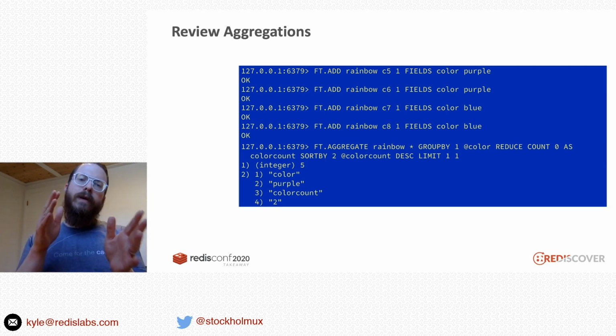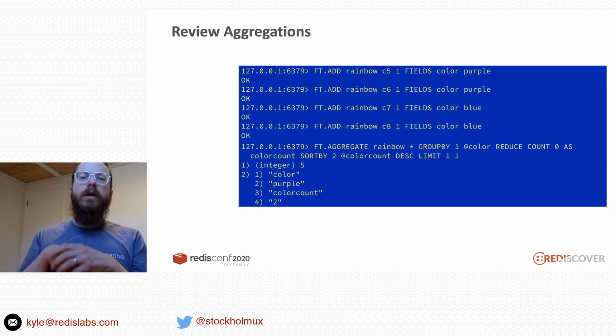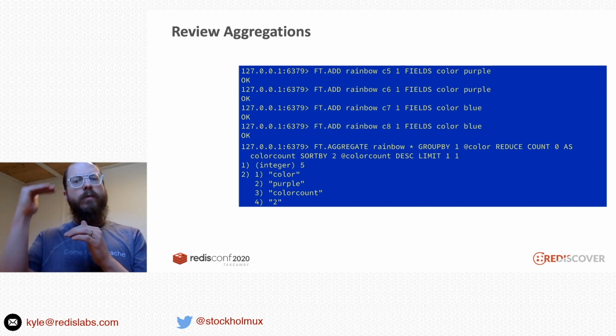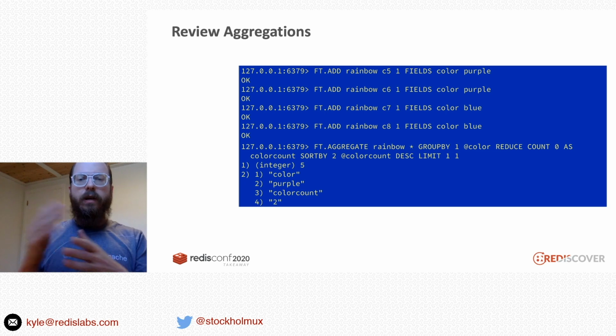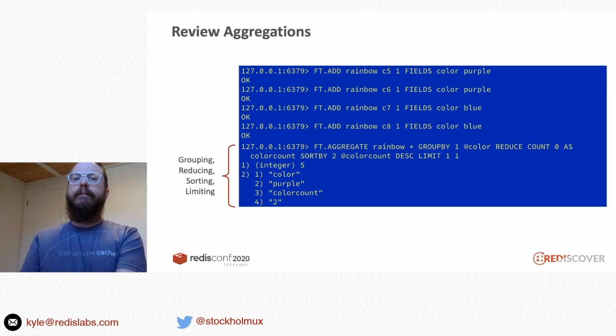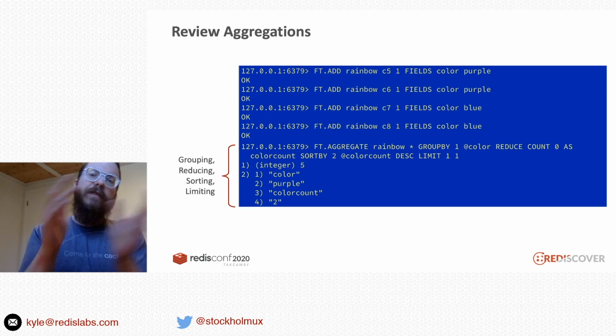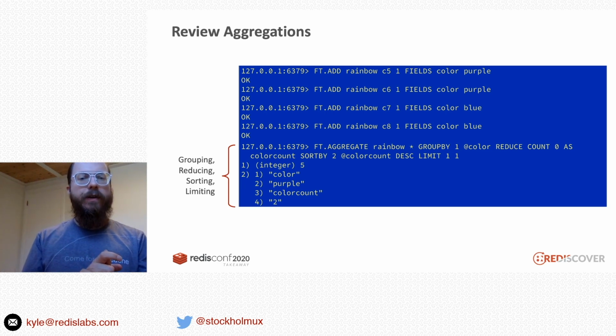And then we are sorting by the color count in descending order, and we're going to limit it to 1, 1, and we're going to get a value back out of it. So you can see we've done all of this in a pipeline. You can play with this and change the limit to get different values out of it. So this gives you an idea of what those aggregations are going to look like.